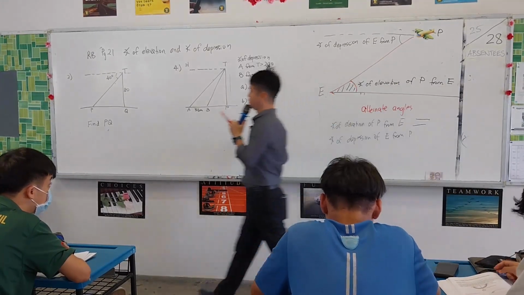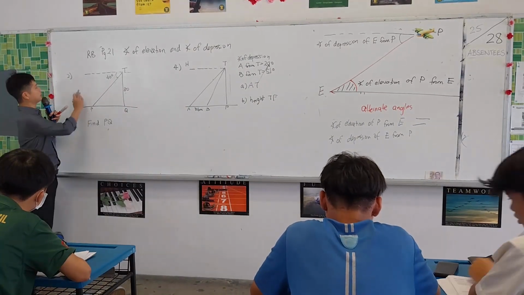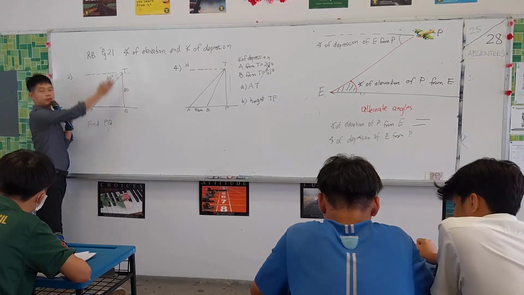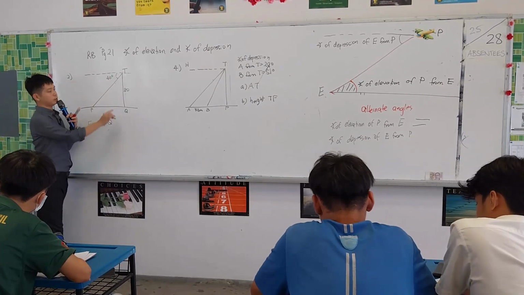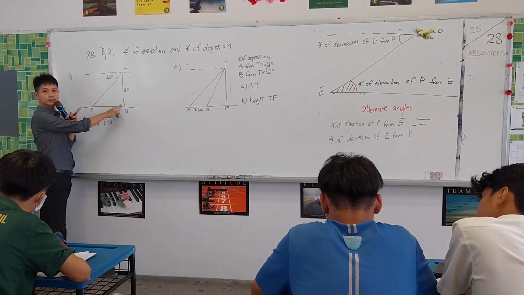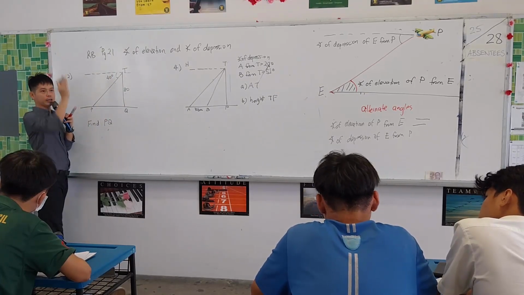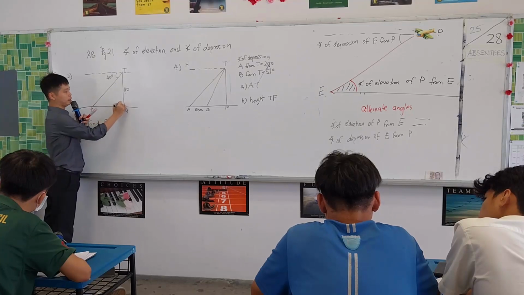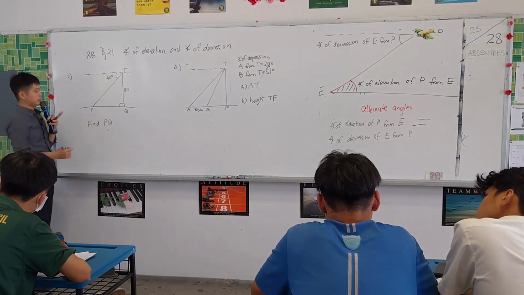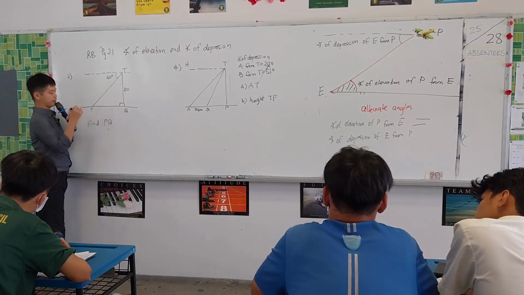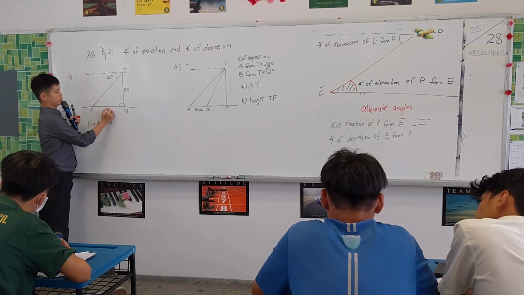Now let's look at what type of maths question is going to come out. This is example 2 from your resource booklets. They say that this is a tower, a building. What is this angle here? Common sense? 90. Okay, because it's a building, right? You must build the building vertically up, so it will be 90 degrees. And I'm asked to find PQ. This is the length that I'm asked to find.